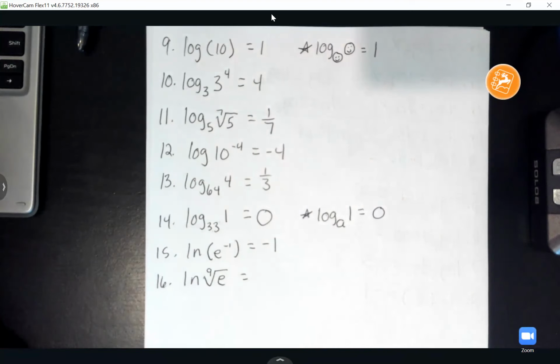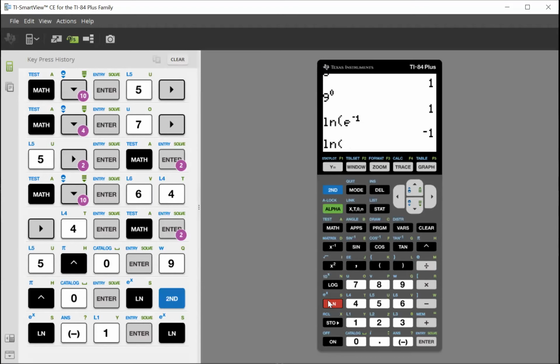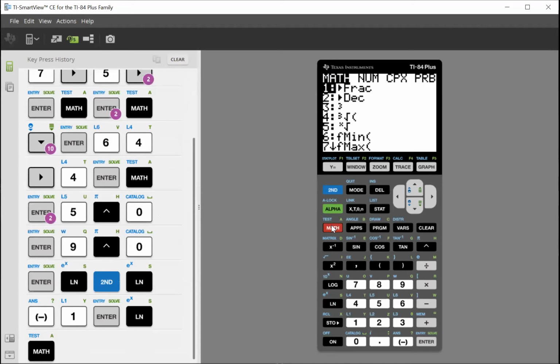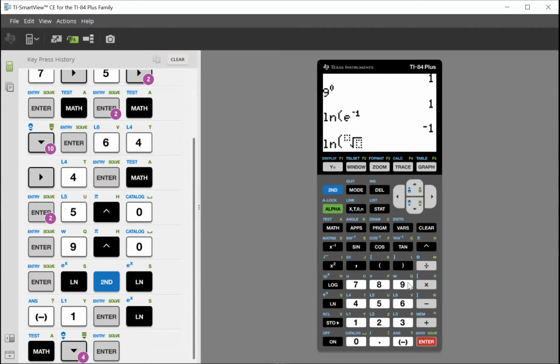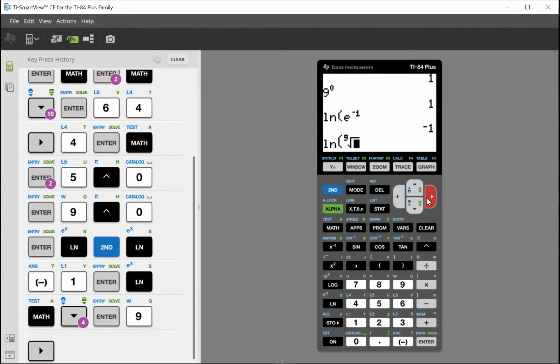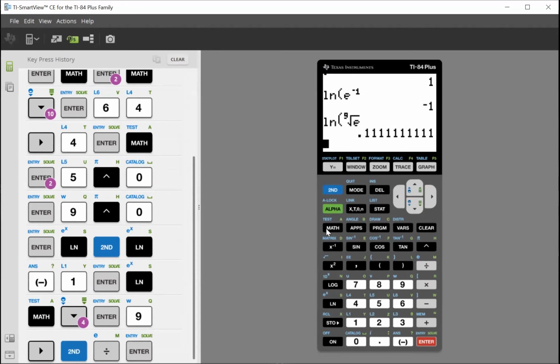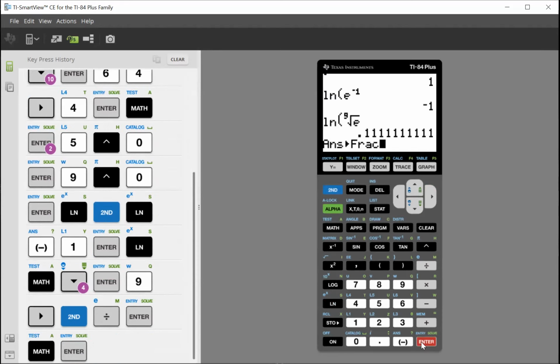So y'all remember on that one, I would hit my ln button. To get that radical with the 9, I would hit math, arrow down to number 5, and hit enter. I would put my 9 in the notch. 9. And then underneath, I'll put that e. Good job. And once I turn that into a fraction, I should get what you just said, a 1/9.